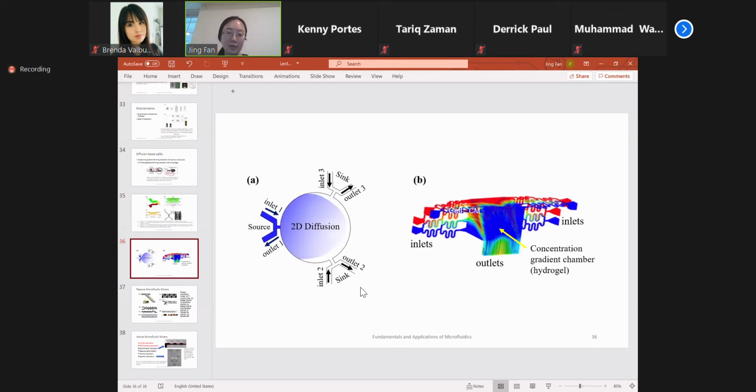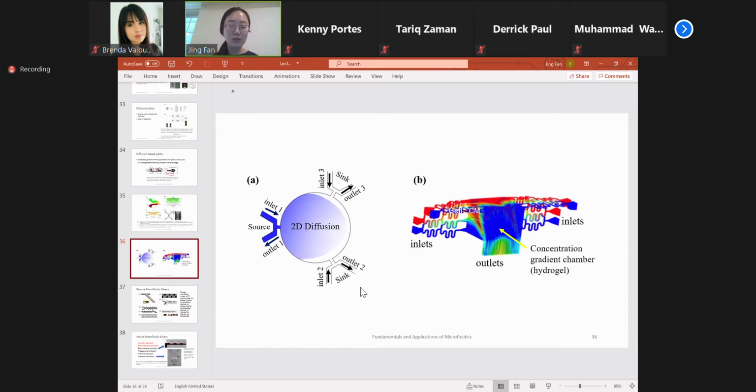So the previous examples are all just one-dimensional concentration gradients, right? But if we use three inlets, or more than two source and sink channels, for example, panel A here shows a round chamber with one source channel on the left and two sink channels on the top right and the bottom right.